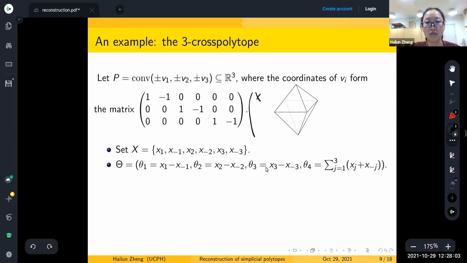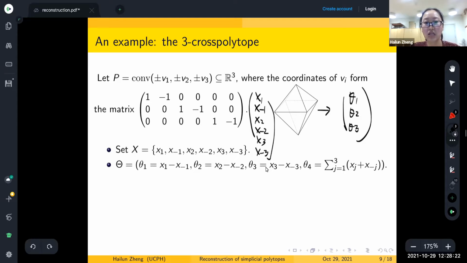Here I multiply the matrix with the vector x1, x minus 1, x2, x minus 2, x3, x minus 3. I do this matrix multiplication, and immediately you know that this gives me theta 1, theta 2, and theta 3.